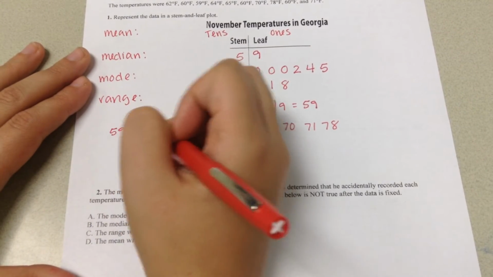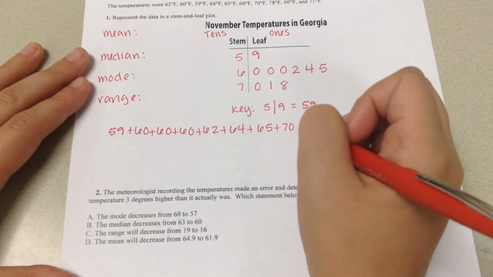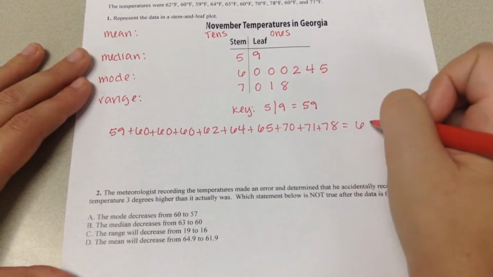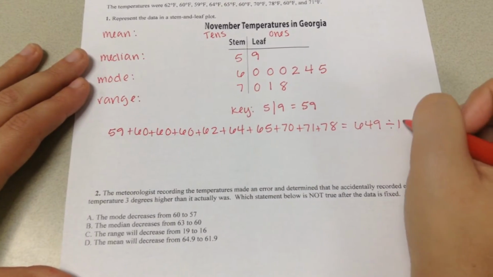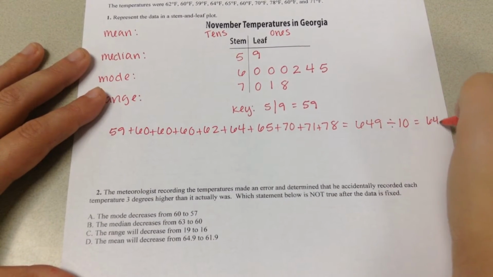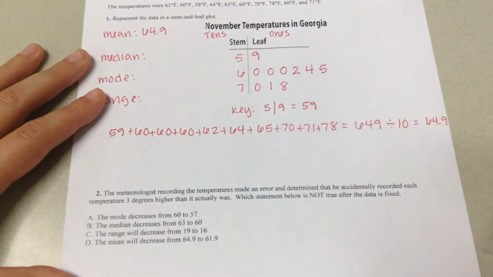So we have to add all these together. So when you add all these together, you're going to get 649. And then I have to divide by 10 because there's 10 numbers. So I'm going to get 64.9, and that's going to be my mean, 64.9.